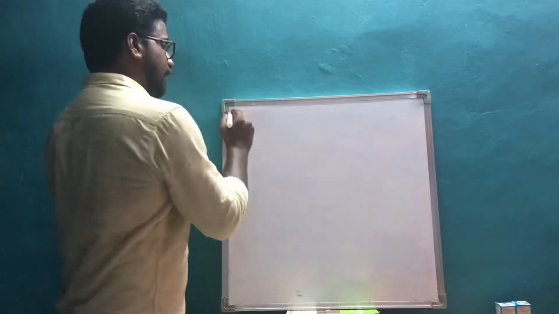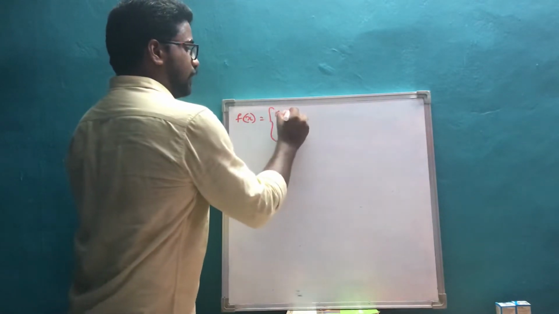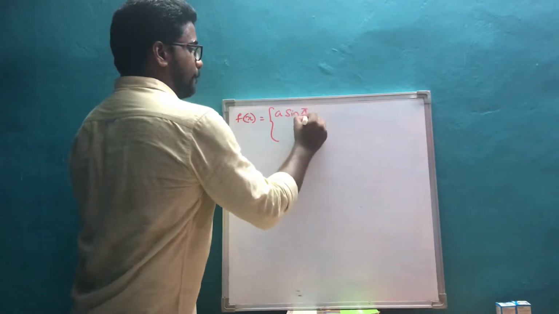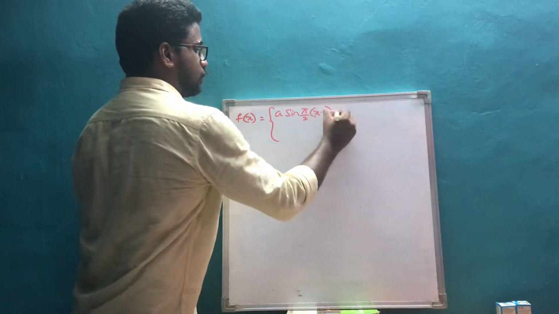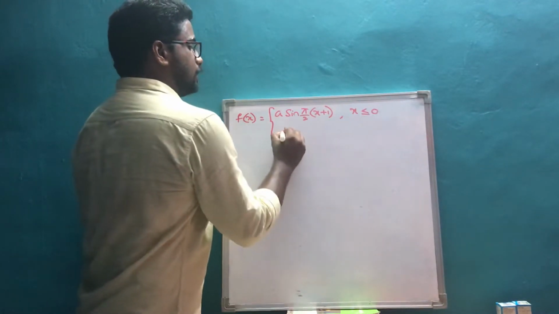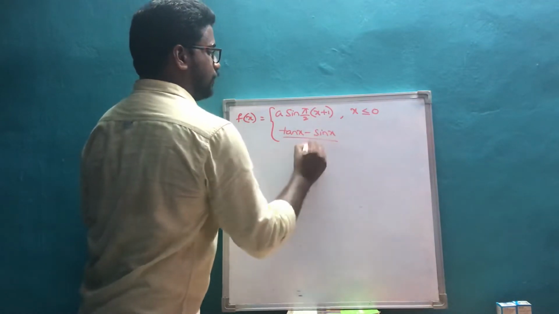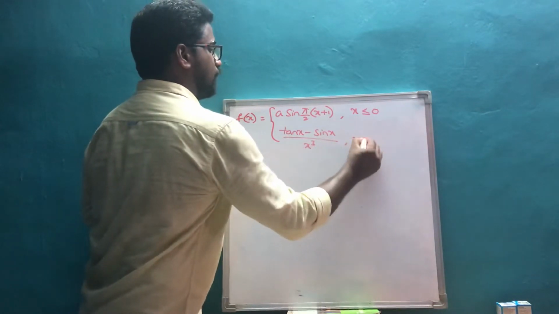See, for example, if I have a question like this: f of x is equal to something like sine of pi by 2 times (x plus 1), for x less than or equal to 0, and something like (tan x minus sin x) divided by x cube when x is greater than 0.